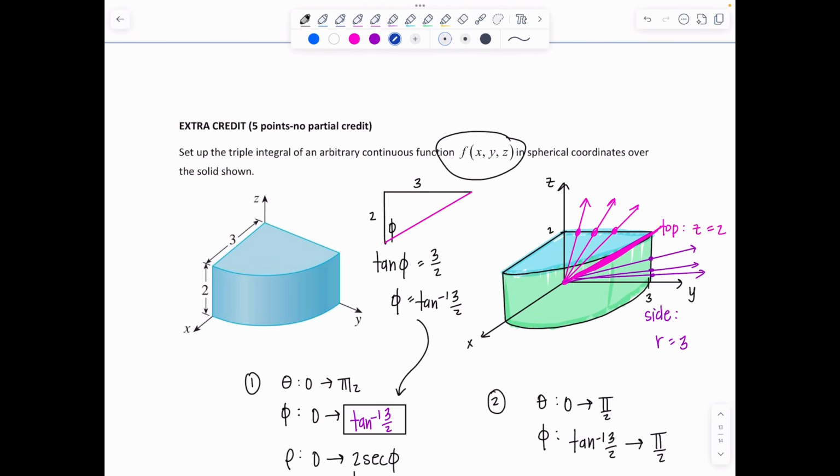Some continuous function f, so I'll write f as a function of rho theta phi, and then you have rho squared sine phi d rho d phi d theta. So 2 integrals.